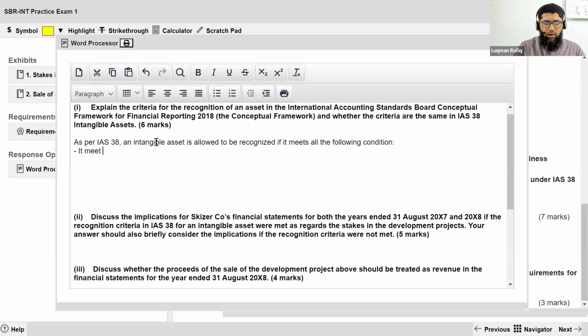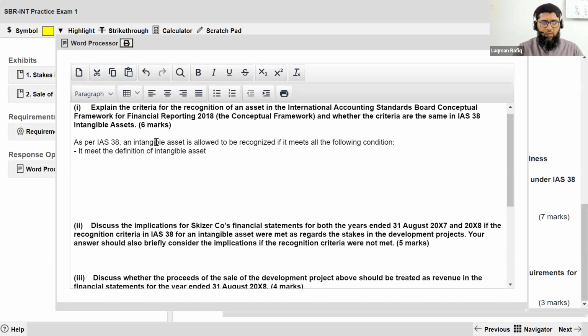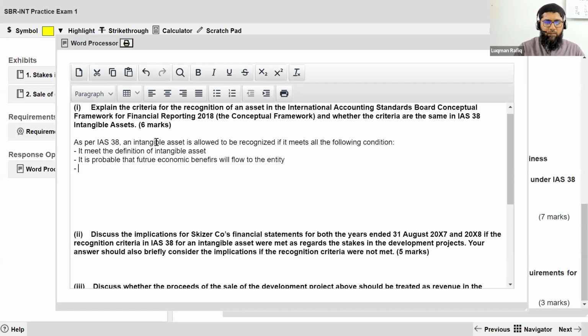It meets the definition of intangible asset. It is probable that future economic benefits will flow to the entity. Cost of the asset can be measured reliably.